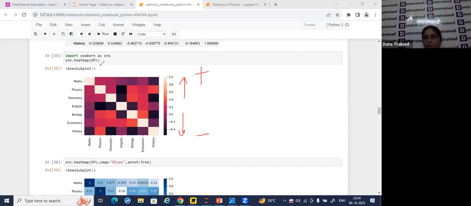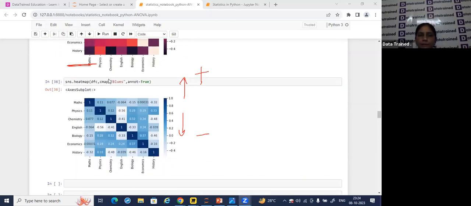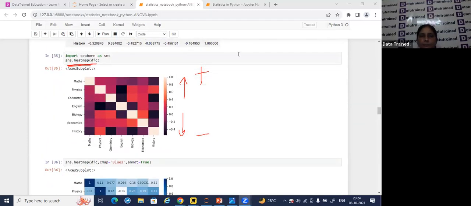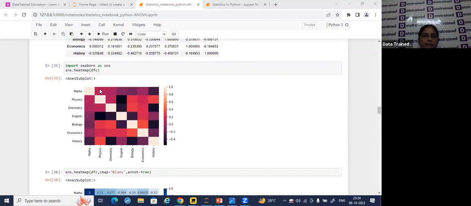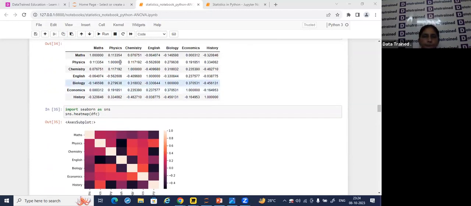So you can take a heat map, and students, if I'm passing these values, I cannot see the numerical values here, only colors are coming.